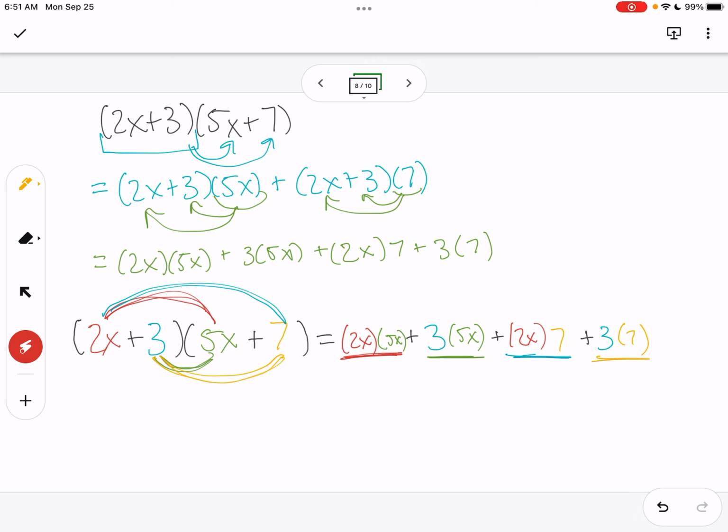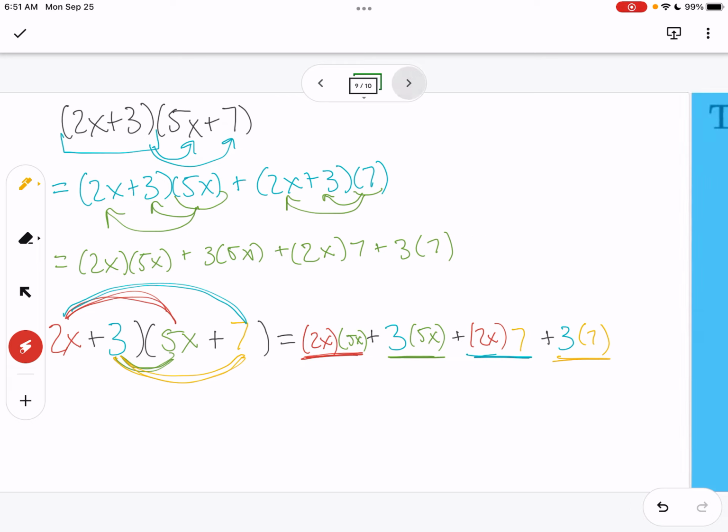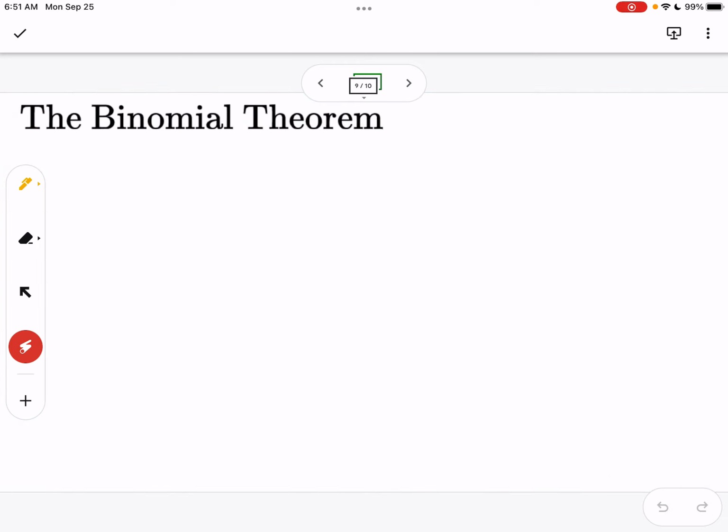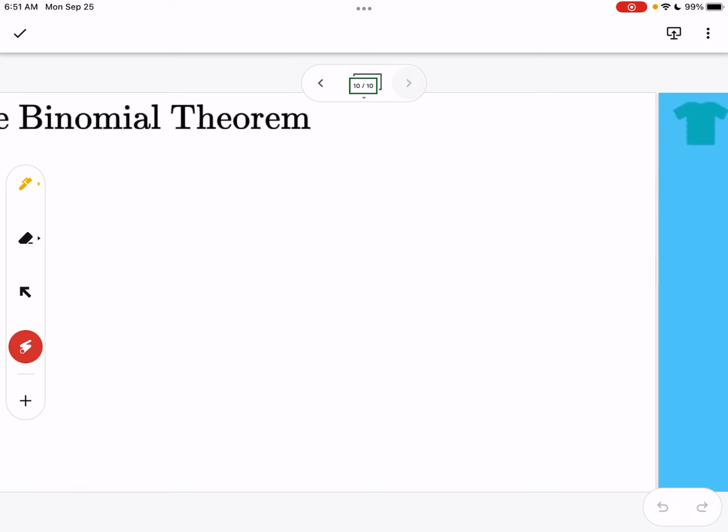I don't particularly care right now what this simplifies to. I just wanted to demonstrate why FOIL works.